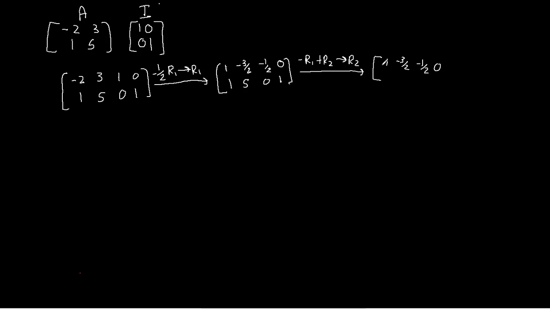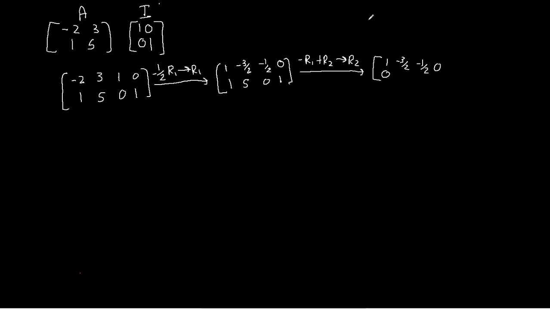What we're doing is multiplying the top row by negative and adding it to row 2. So negative times 1 is -1, plus 1 is 0. That was the whole point of doing this. -1 times -3/2 is 3/2.